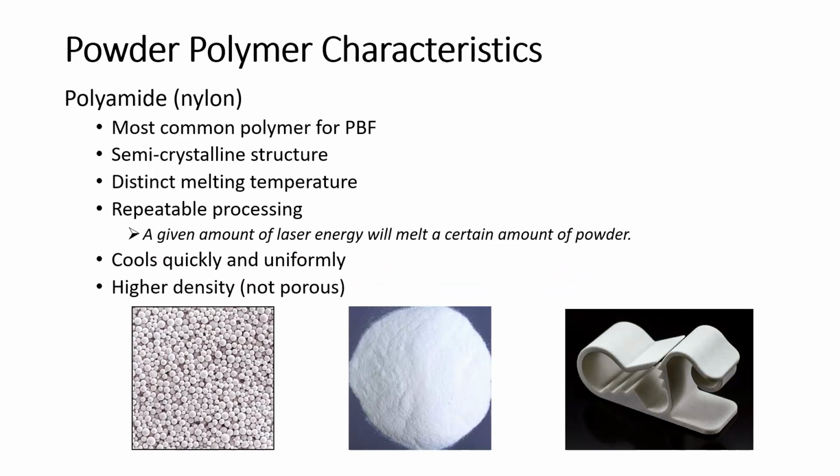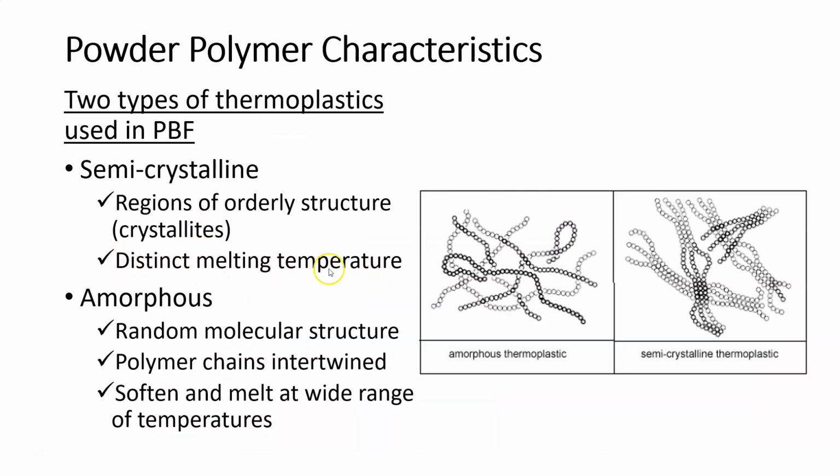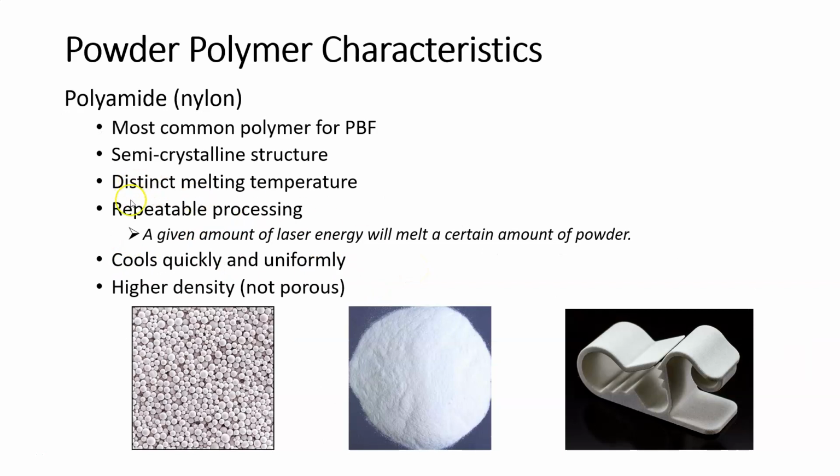Some of the thermoplastics that we use in the powder bed fusion process include polyamides, which the common term for is nylons. This is the most common polymer for powder bed fusion. It has a semi-crystalline structure. Remember, semi-crystalline means it has a distinct melting temperature.